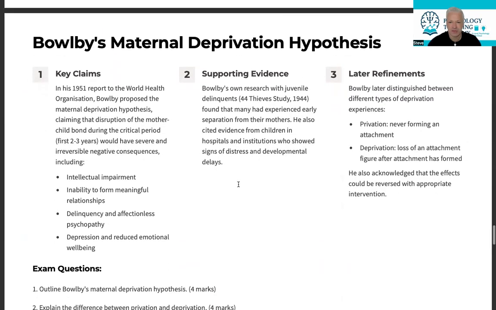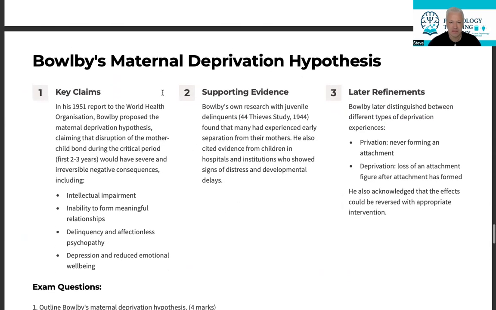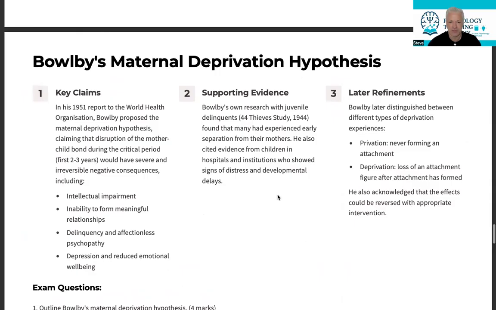Bowlby's maternal deprivation hypothesis. If you're deprived of an attachment, Bowlby was interested in how it affects the child. Like I said before, if you fail to form an attachment or you're maternally deprived, it can have severe, irreversible, long-lasting consequences emotionally, socially, and cognitively.